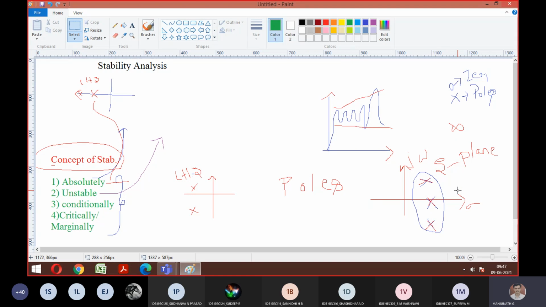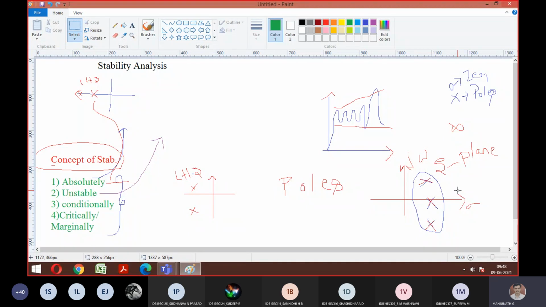That is conditional stability. Just make a note of the definition for this, guys.